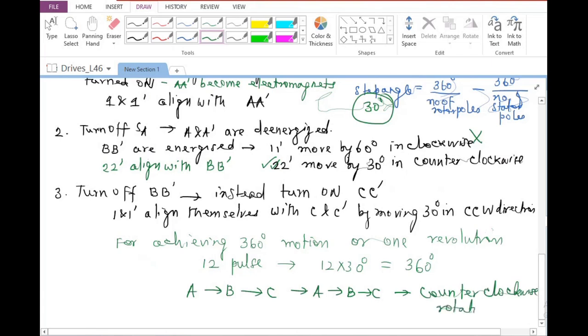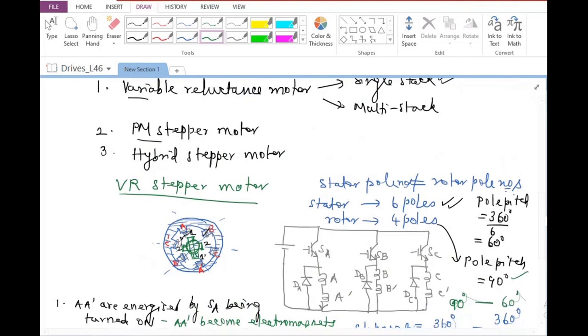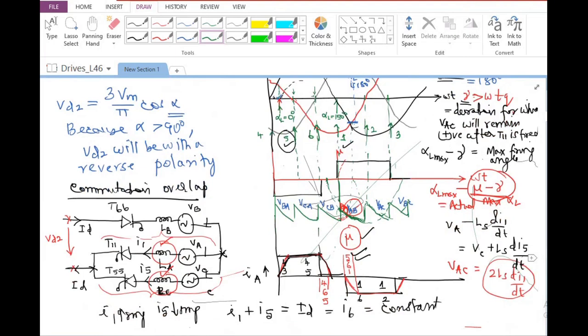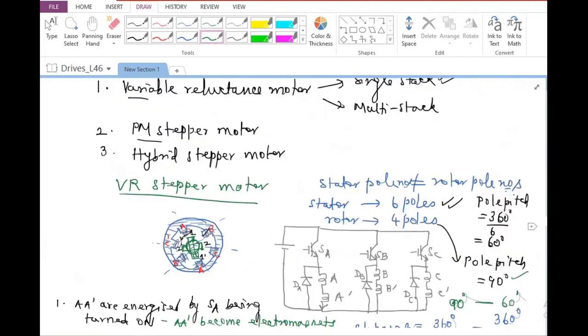ABC sequence is going to give us counterclockwise rotation, and whether the current flows up to down or down to up, it doesn't matter at all. Whatever the current direction, it does not matter, because you only have a piece of iron here, and this piece of iron will be able to move no matter whether A becomes North Pole and A dash becomes South Pole or vice versa.